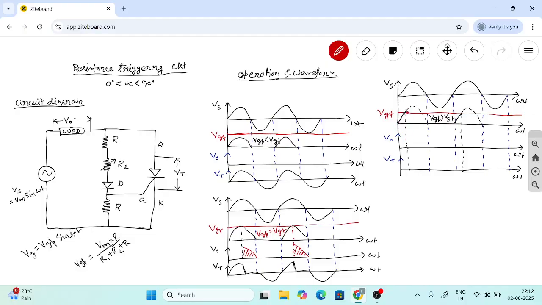So you get the output voltage. Just follow from this angle of input waveform, like this. Here alpha is less than 90 degree. In the previous case, alpha is equal to 90 degree.